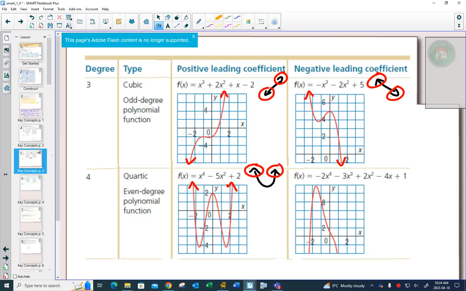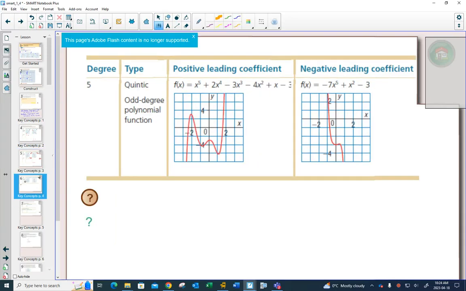And same thing with a negative x to the 4 graph. We think of a negative parabola, its end behavior is down there. Sure enough, the end behavior of this graph matches up. And we could keep going forever with these. There's one more, the x to the 5. That's odd, it's going to act like a line.